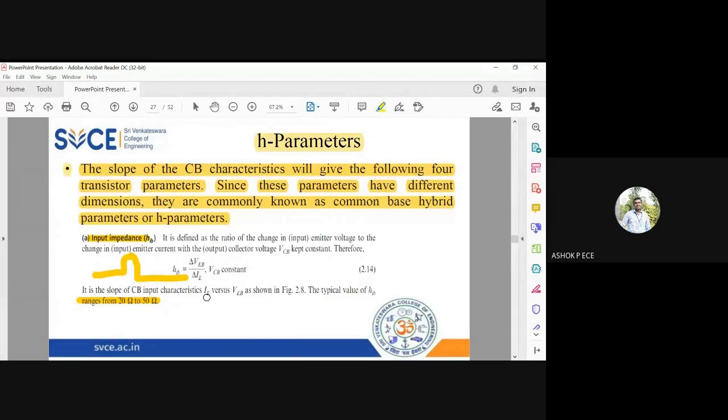Should the input impedance be high or low? You are connecting your fan to your power supply. If the fan is drawing a larger amount of current, what will happen to the fan? It will be damaged, right?